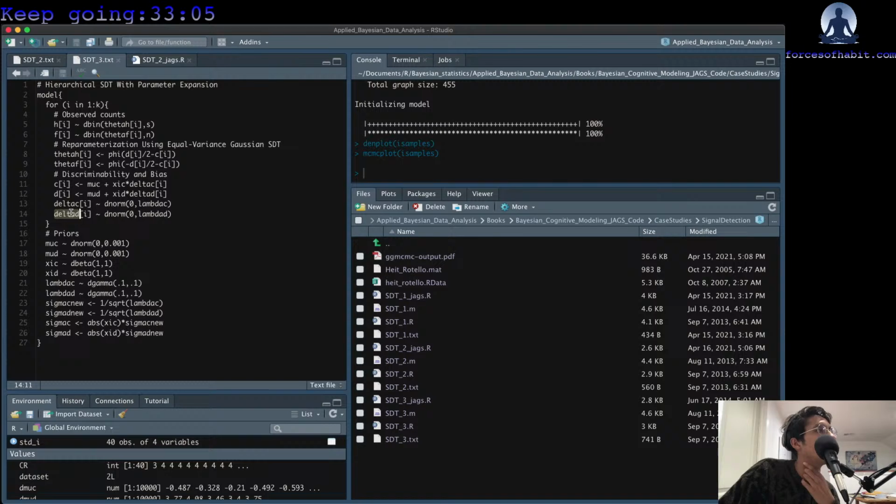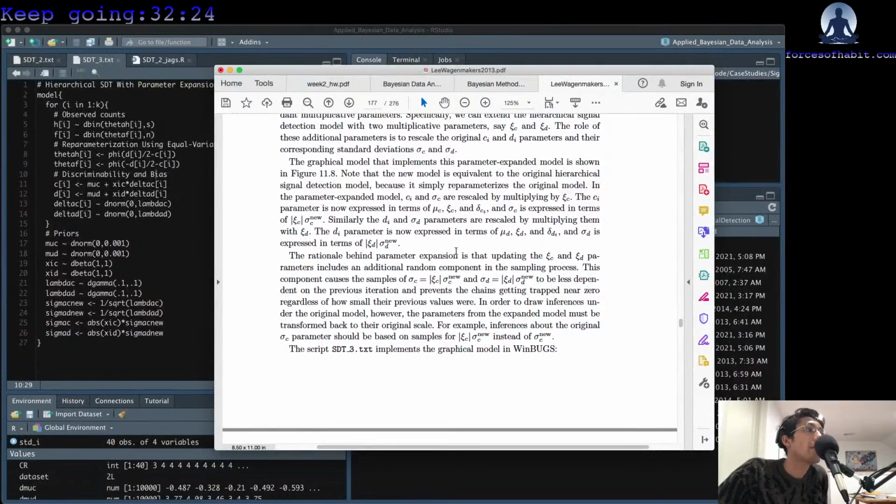So notice each of these distributions for the sigma parameters, or the deltas now. It's interesting. This still ends up with the same results, right? It's the same parameterization, attempting to get at the same question.